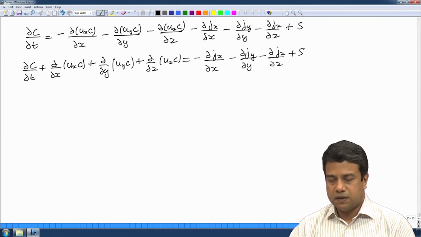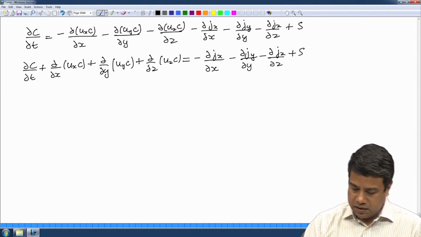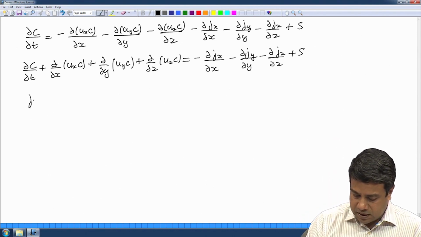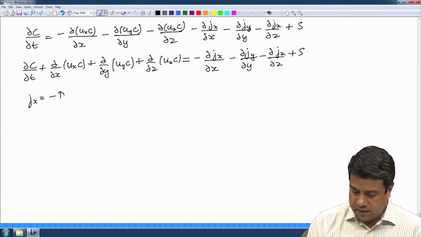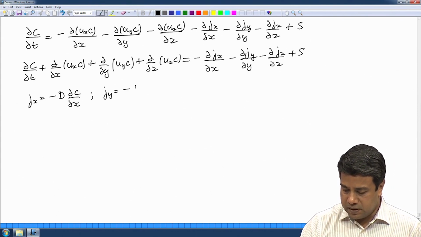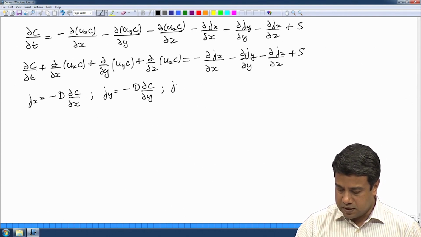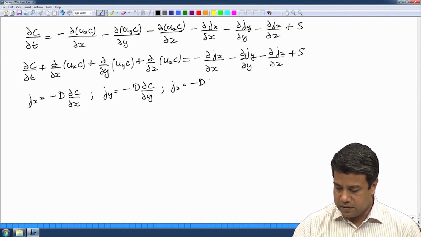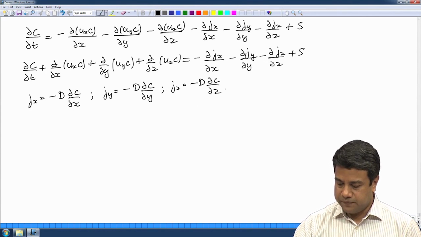In general, if the material is isotropic, the flux J x will be equal to minus d partial c by partial x. J y is equal to minus d partial c by partial y, J z is equal to minus d partial c by partial z.